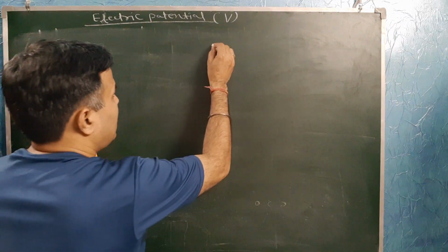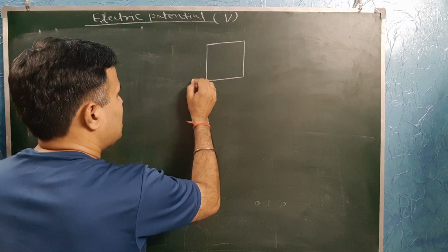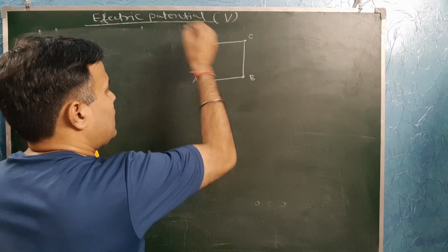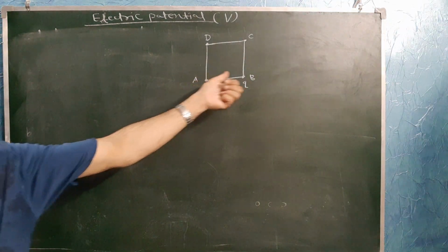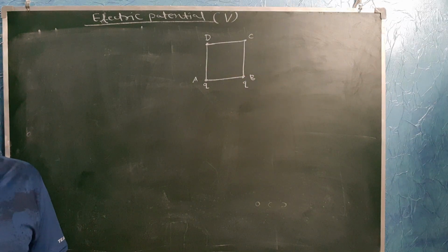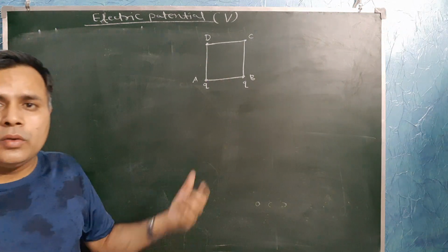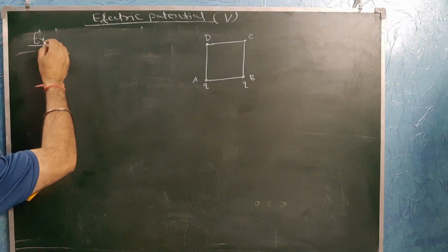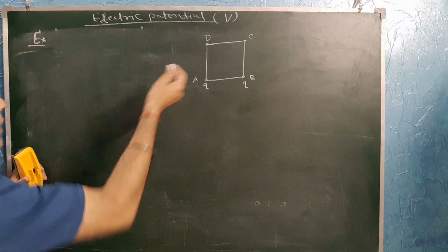Suppose we have a square, this is A, this is B, and this is C, and this is D, and Q charges are placed at A and B. This is just an example to understand the concept of electric potential, that is, how to evaluate the electric potential in this situation.